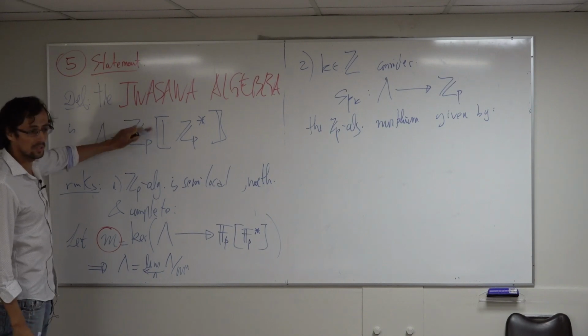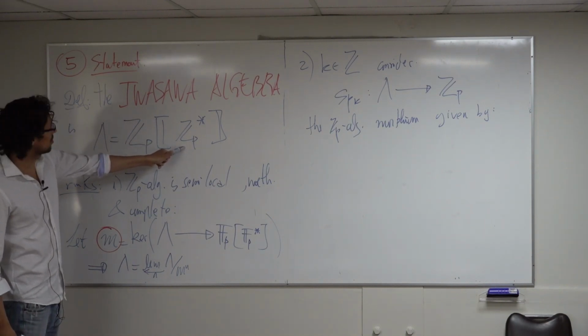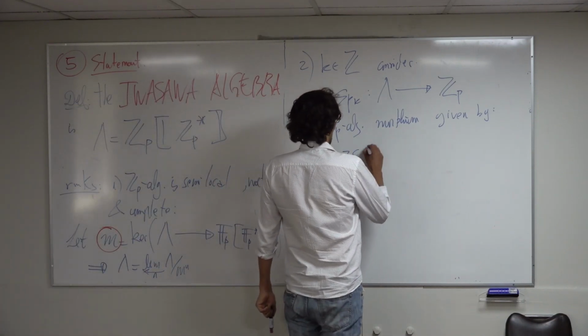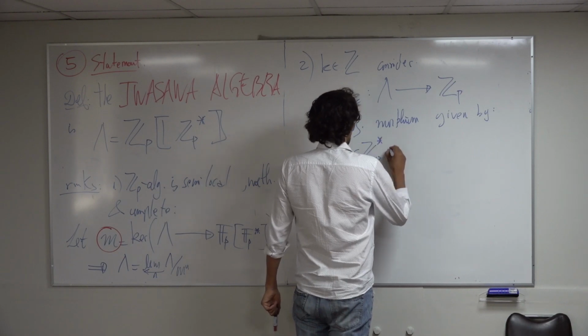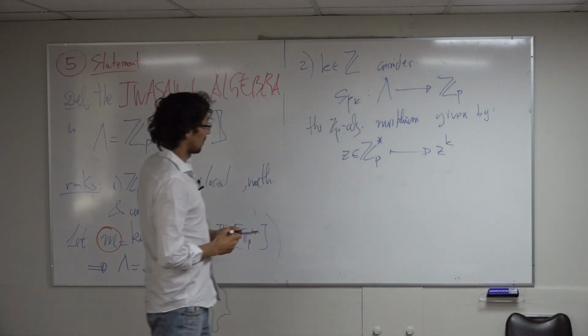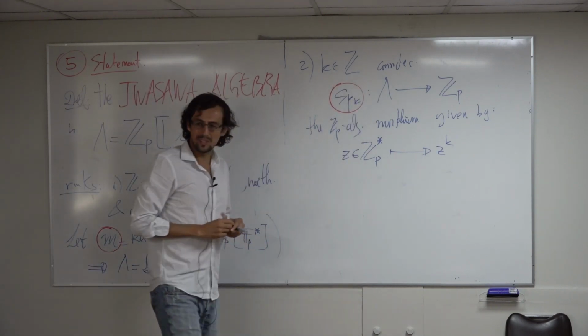You don't care about the definition of that because it's clear. You just need to give where the image is: you take some unit and it goes to its power k. This map is usually called the specialization map at k.